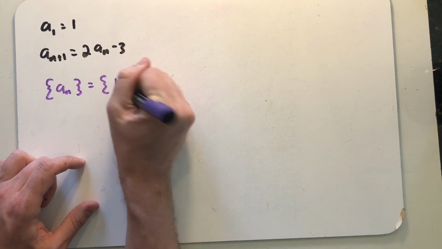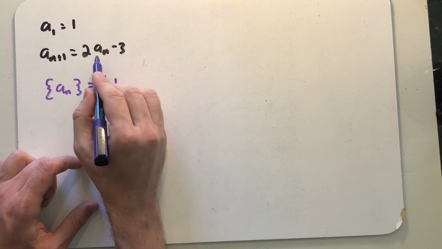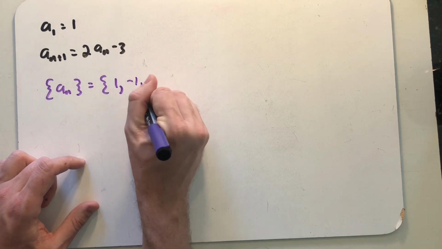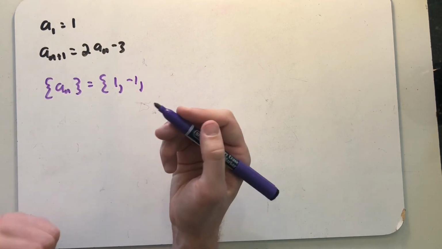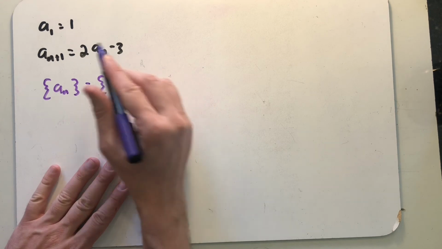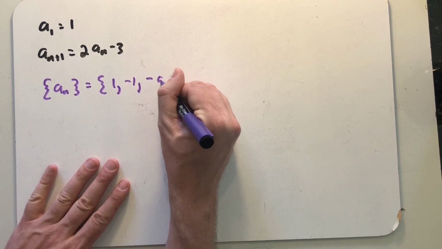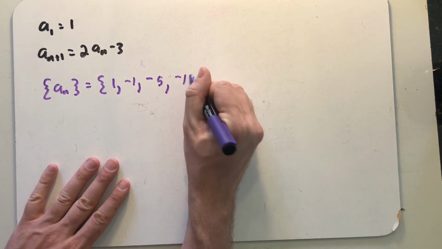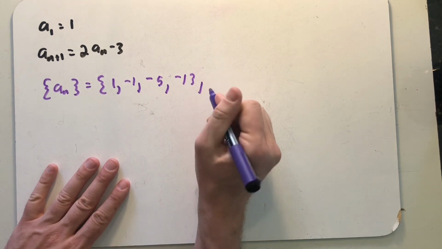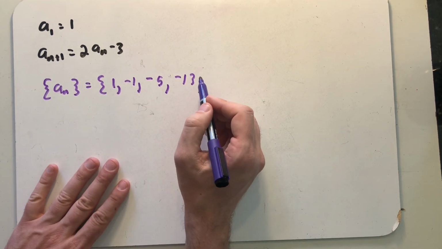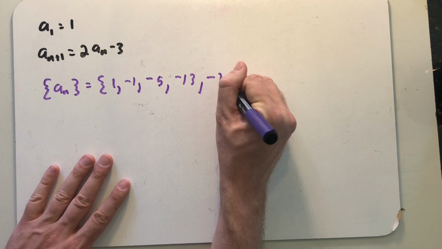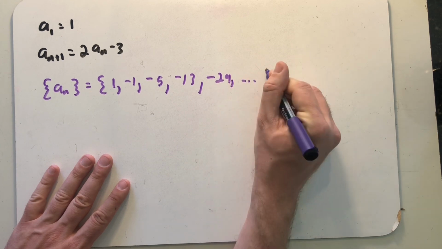The first term is 1. Plug that into the formula here, and I get 2 minus 3 is minus 1. And now I just keep repeating that pattern recursively. Plug in a minus 1, I get out a minus 5. A minus 13, 1, 2, 3, 4, one more to go. Let's see, that would be minus 26 minus 3 is minus 29.